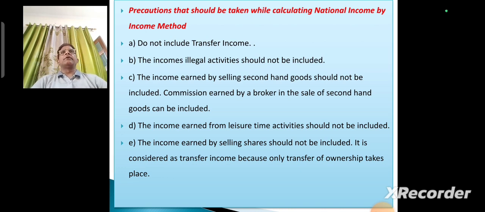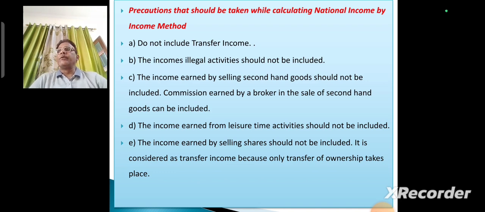Just one point, that's the confusion regarding the pension. Old age pension applicable to old people and widow pension applicable to widows are transfer incomes. But plain pension has to be counted in the COE. Reason being, the pension is paid to people who have worked in a certain organization for a certain number of years.